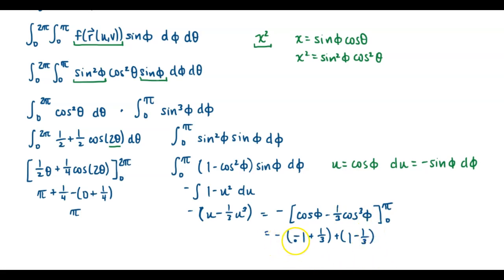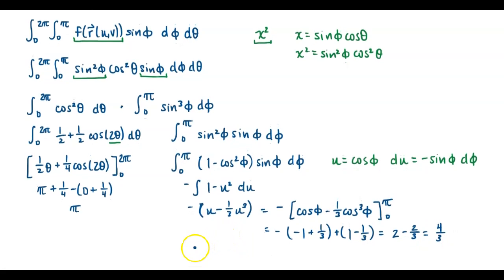And this gives us a negative -1 plus 1, so 2. And this gives us a negative 1/3 minus 1/3, so 2 minus 2/3, which is 4/3. And finally, pi times 4/3 just becomes 4 pi over 3.